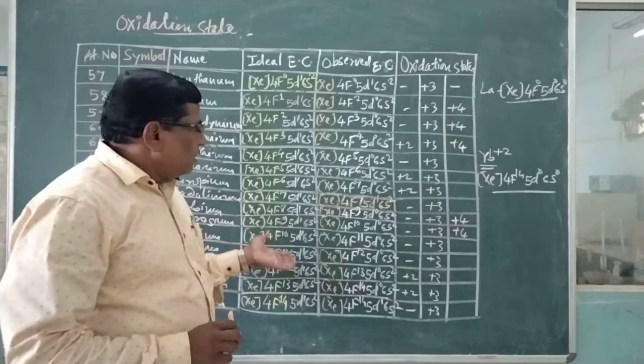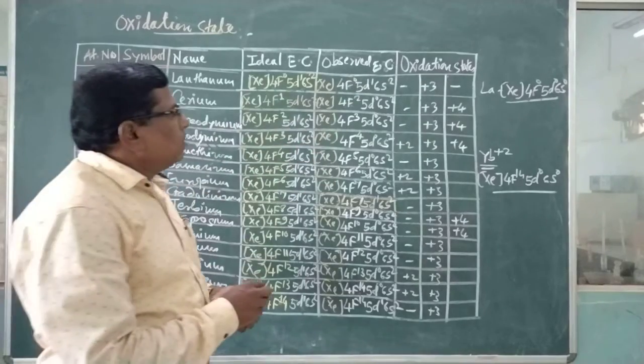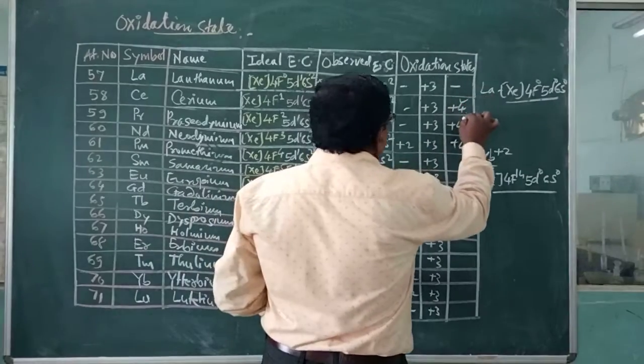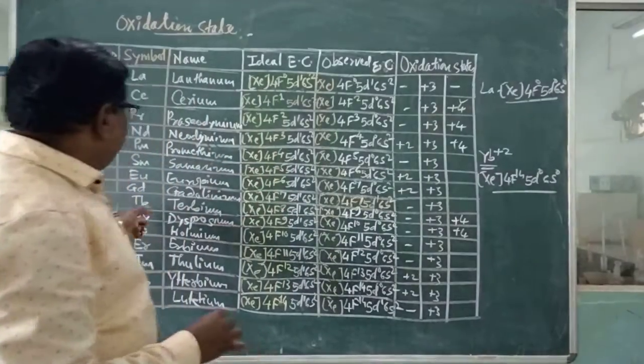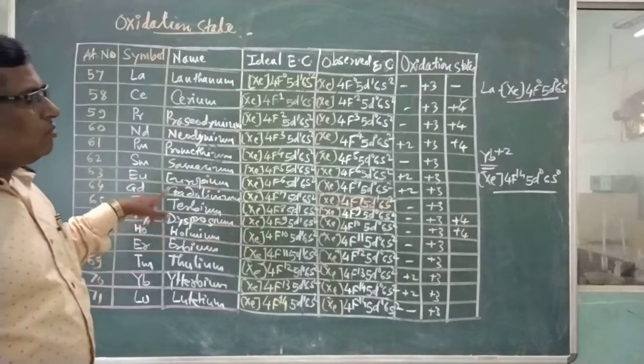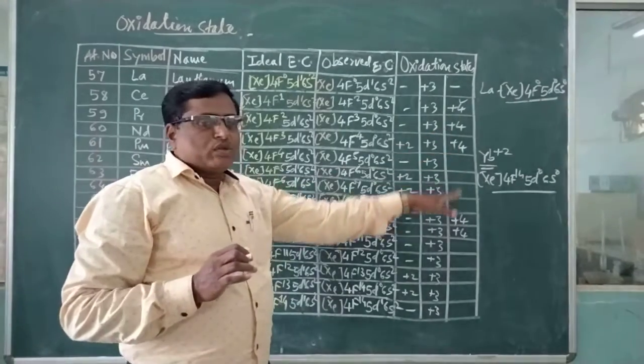Cerium plus 4 can also be shown by cerium, praseodymium, neodymium, terbium and dysprosium. They show extra stability in the plus 4 oxidation state.